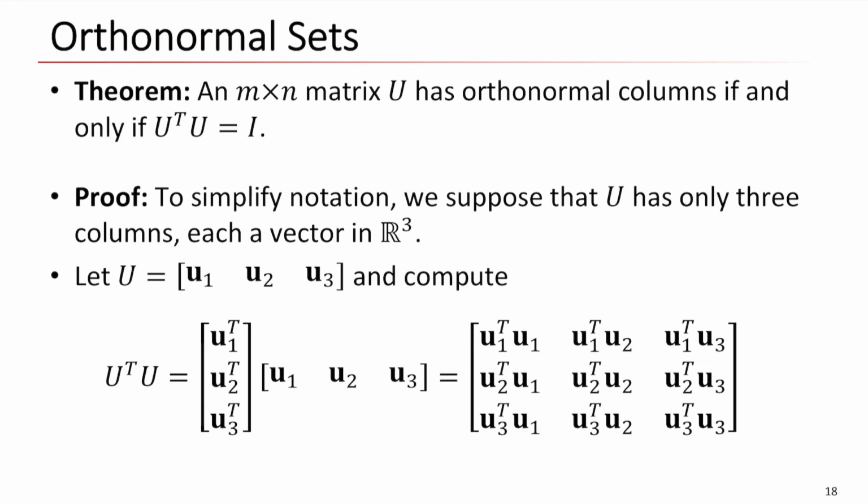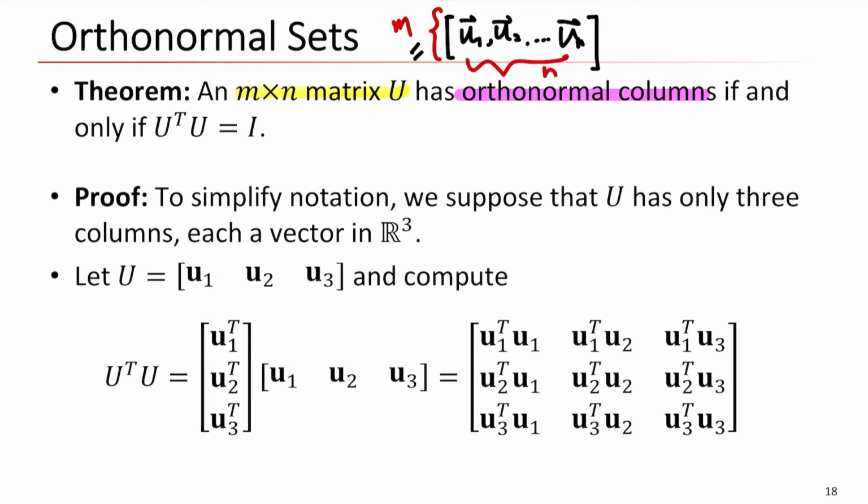Okay, so an m by n matrix U. Let's say matrix U looks something like this: u1, u2, up to un, because the size of this matrix is m by n.